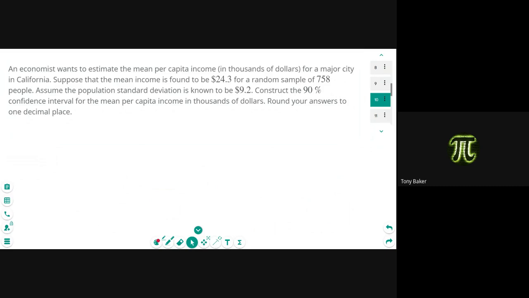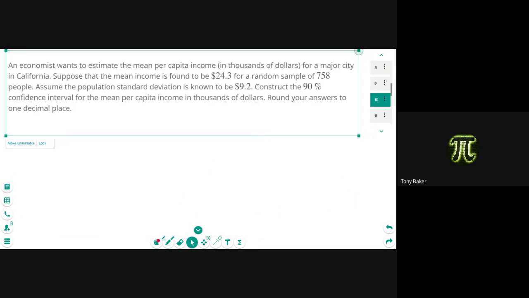This is chapter 10. I need to know my Z for a 90% confidence interval.